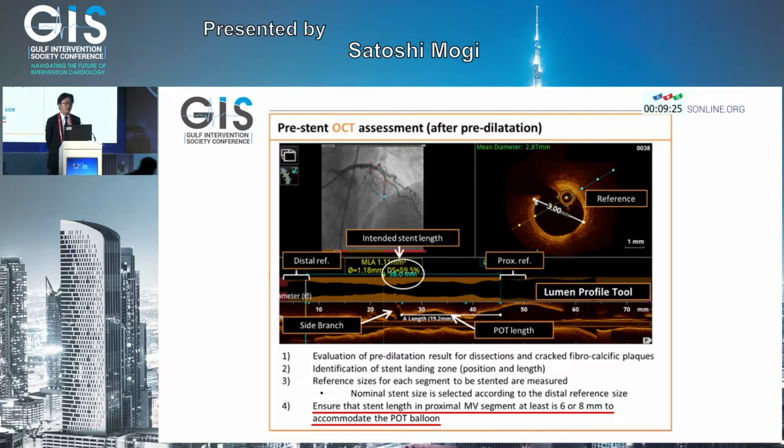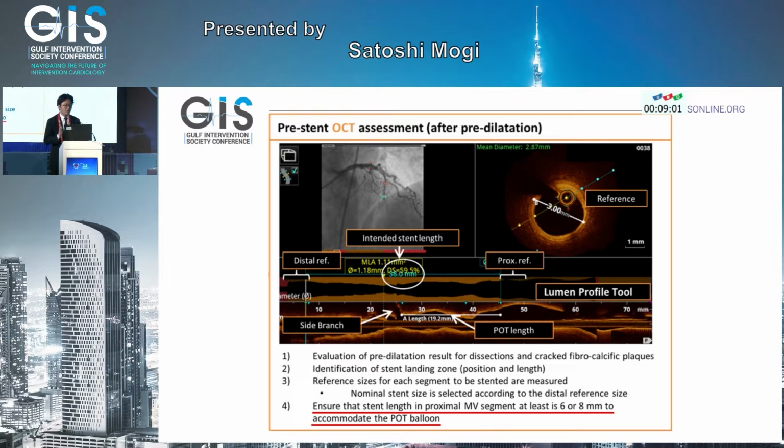This is a recent OCT-guided bifurcation PCI strategy. After predilatation, we check the length of the lesion and the characteristics, like bifurcation angle and soft plaque or hard plaque.